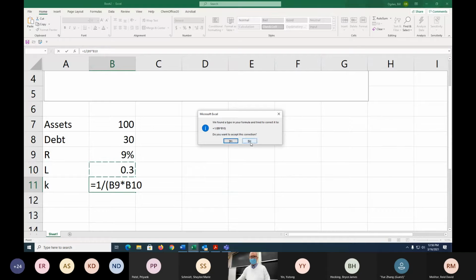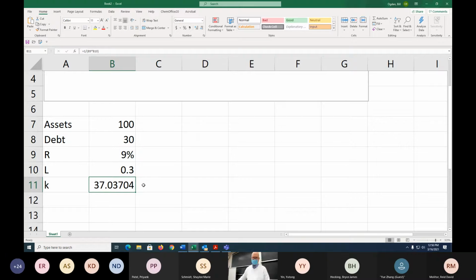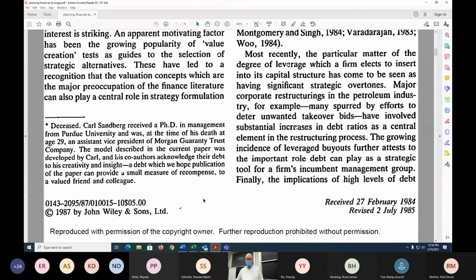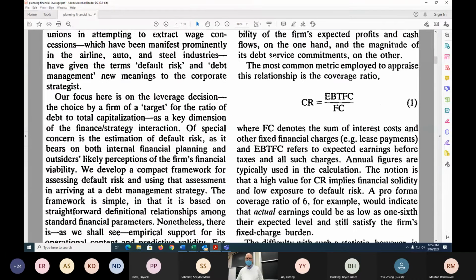No, never let Excel correct you. Tell the nanny no. Okay, and here you go. There we go. Fix it yourself. That's my K. All right, now let me show you what that does for you. Okay, let's come back to this very fine article. See that? See where I got that? Right from here.